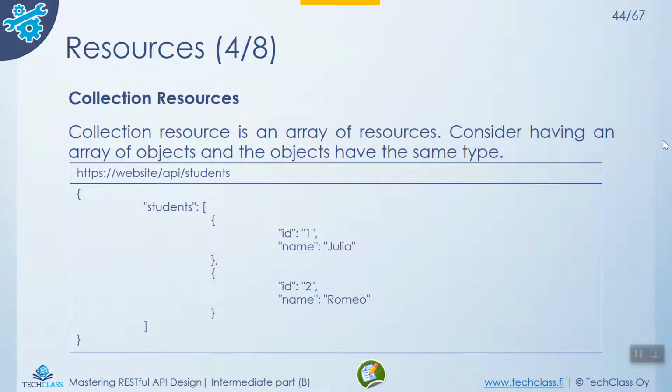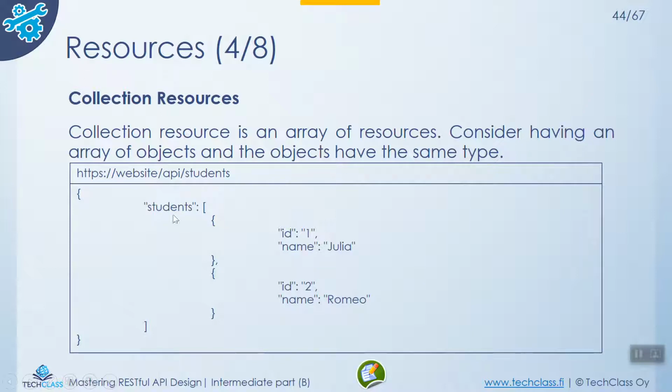The names of them are actually self-describing. So we have collection resources. In many cases, we have collections of information as our model. So we have students here, and then we are giving back all of our students, which are 2 here. So by using this endpoint, we know that API students is returning all of our students, which turn out to be 2 here, with the ID of 1 and the name Julia, and then the ID of 2 and the name Romo.